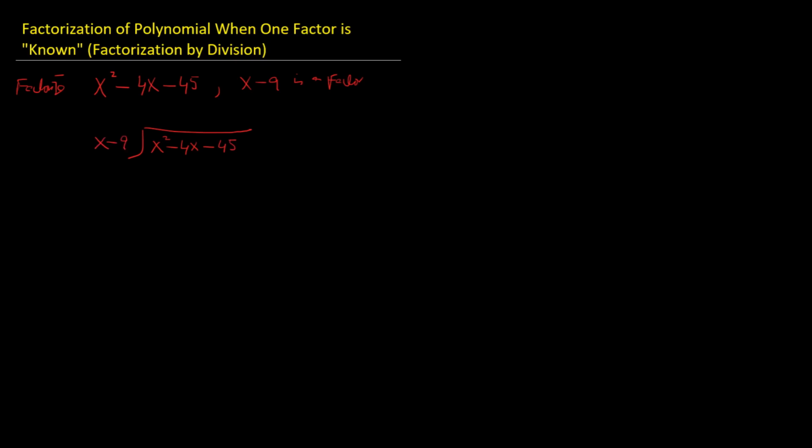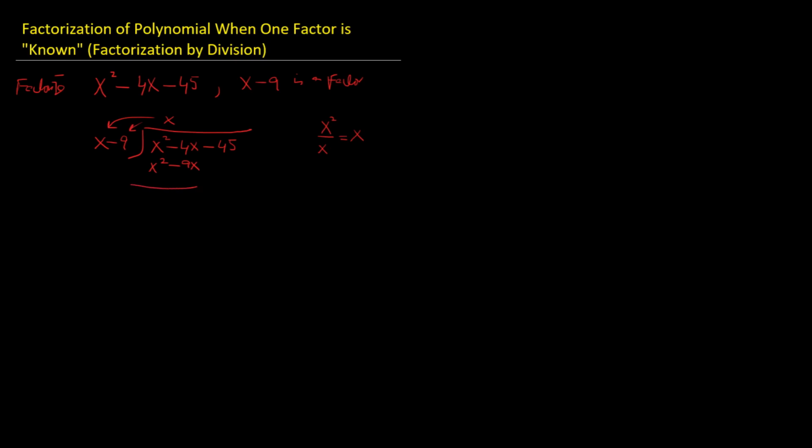And what you do is you divide the first term with the first term of the factor. So x square divided by x, you get x. Put this x here and then multiply it with these two terms. So x multiplied by x is x square. x multiplied by minus 9 is minus 9x.